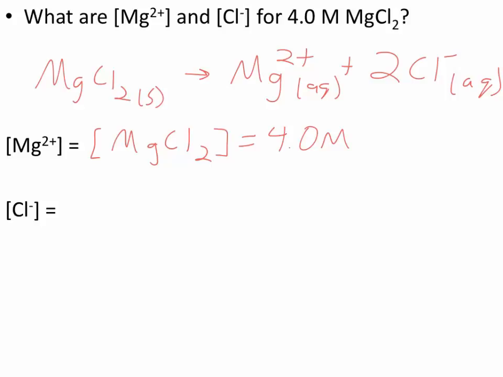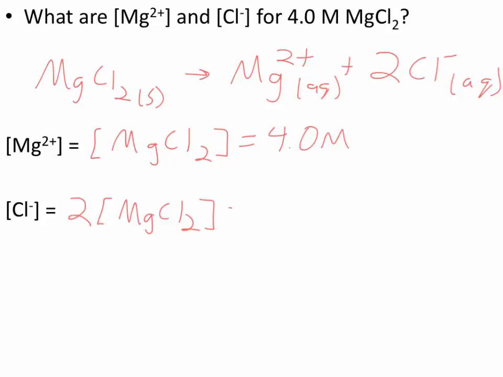Our chloride ion concentration is going to be twice the magnesium chloride concentration because we have 2 chloride ions for every magnesium chloride formula unit that we dissolve.